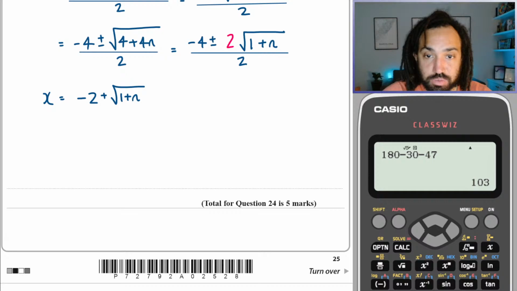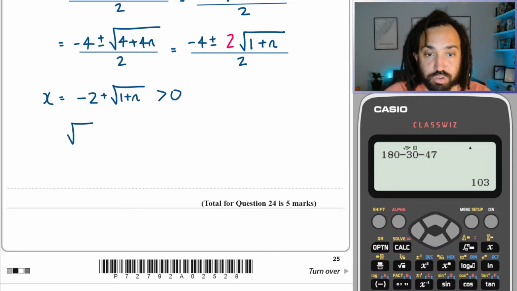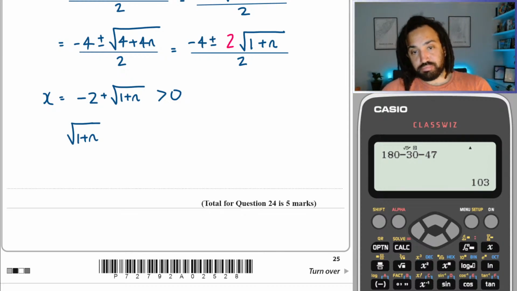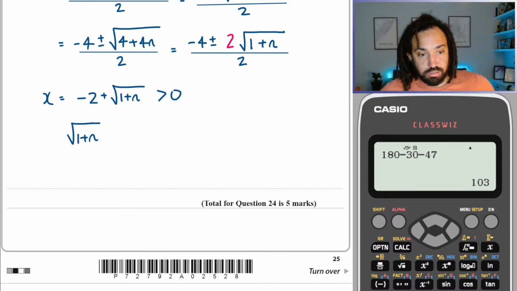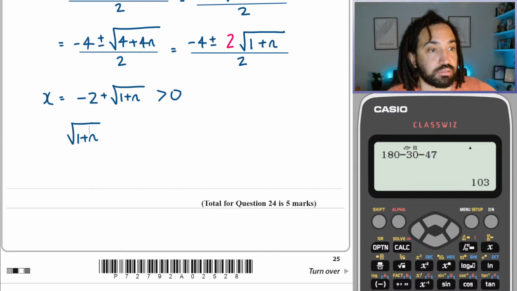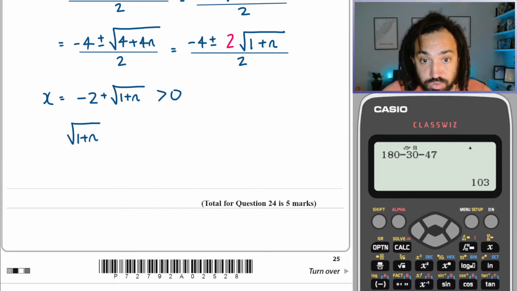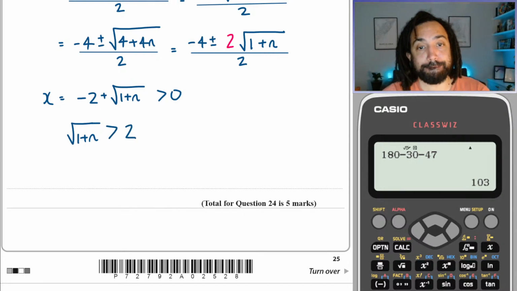Now, if x was greater than 0, then what does that mean for the square root of 1 plus n? Well, it means that that must be greater than 2.